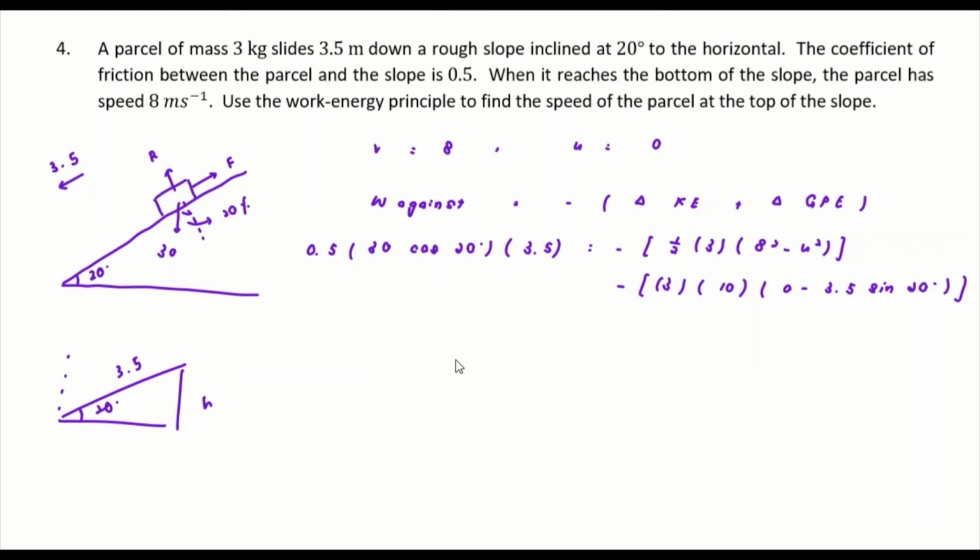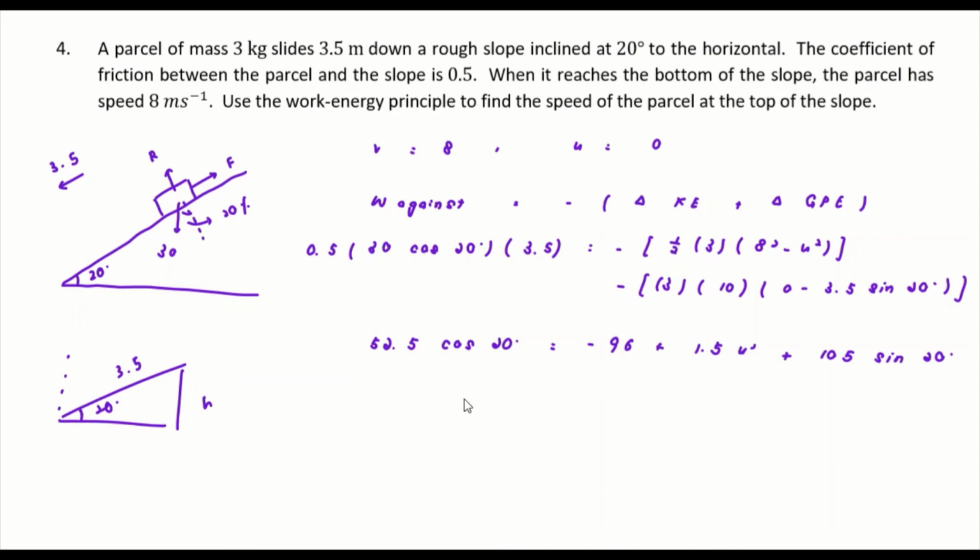Multiply the numbers together and I get 52.5 cos 20 equal to negative 364.96 plus 1.5 u squared plus 105 sine 20. Let me repeat it so you are aware of the positive and negative signs, especially this part, which should be a plus. Then when you do here, it should be negative, then positive.